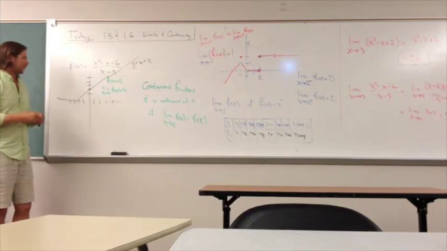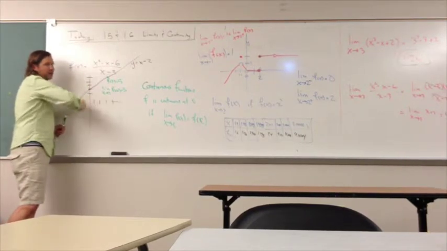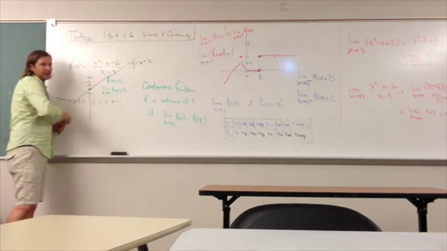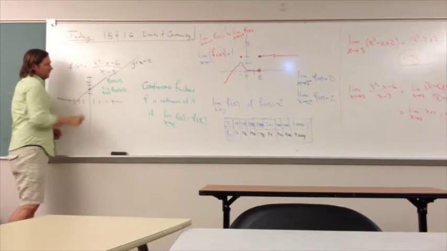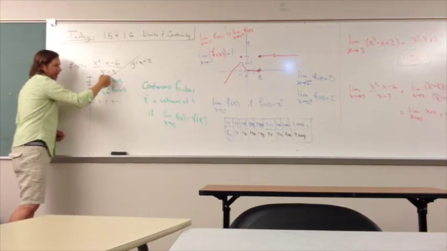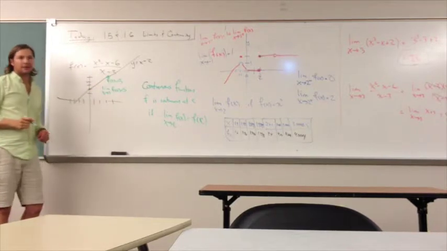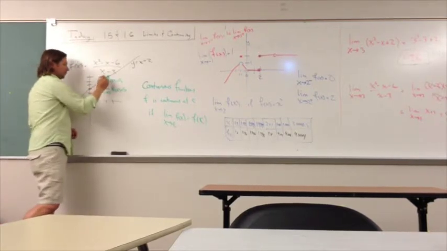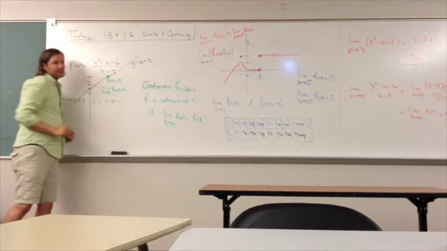In grade school, you learned that continuous functions were ones where you could draw them without lifting up your pencil. Okay? You can't draw that function without lifting up your pencil because there's a jump, or there's a little gap. Okay? But this one you could, you just draw a straight line. That make sense?